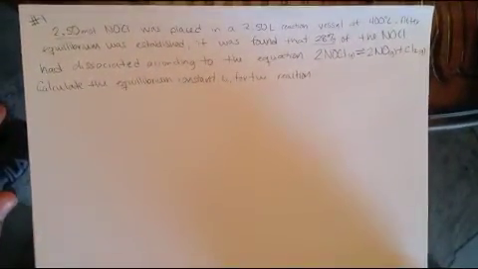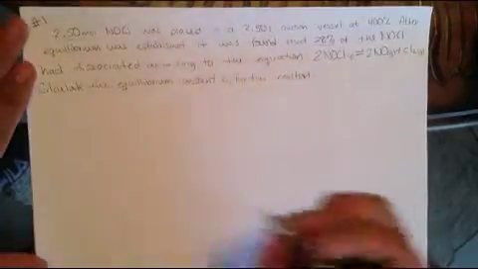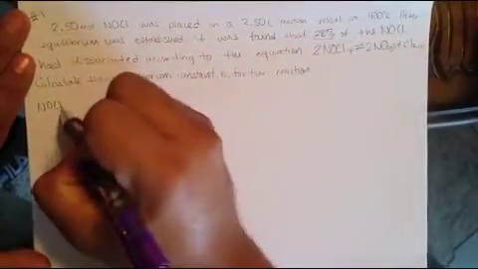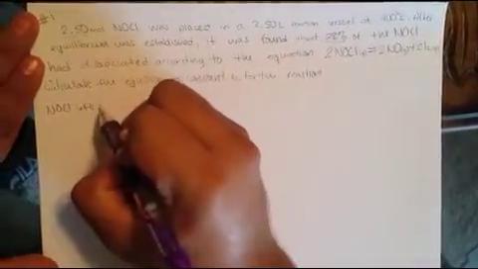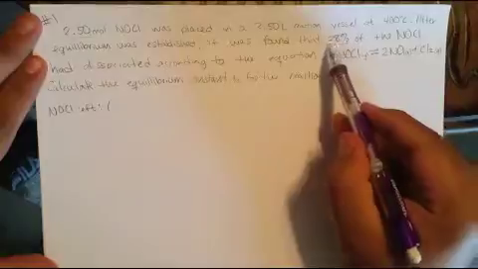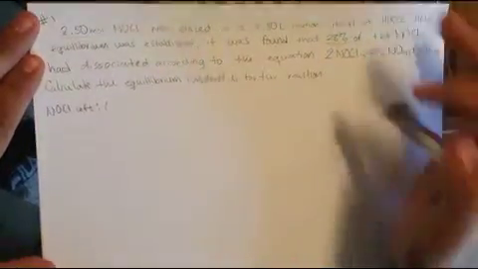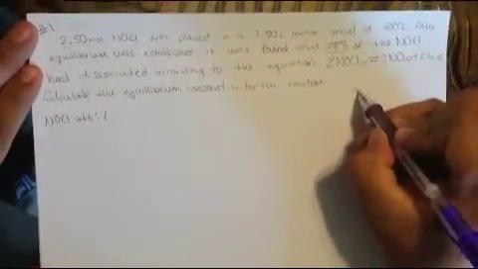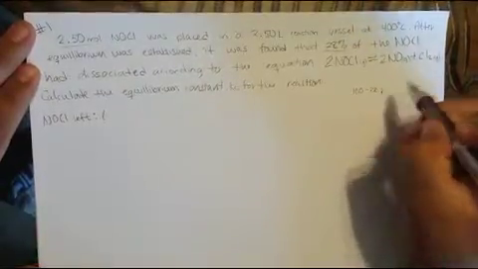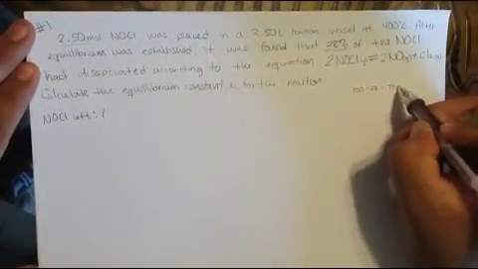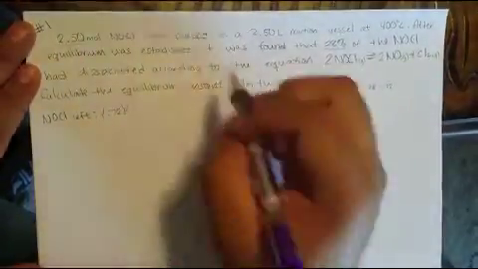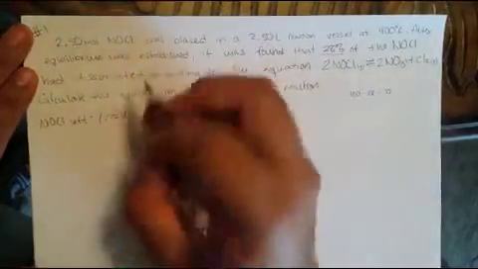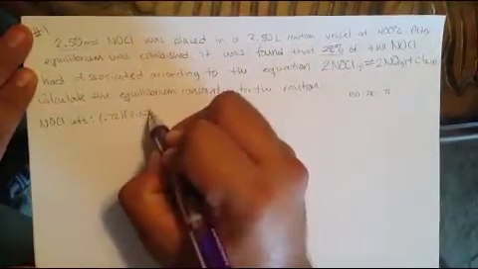The first thing we're going to do is find out how much NOCl was left and how many moles reacted. So for the NOCl that was left, we're going to have the opposite, what was left over from the 28%, so that's going to be 100 minus 28 gives us 72%. So it's going to be 0.72 times the actual moles that we had, which is 2.50.